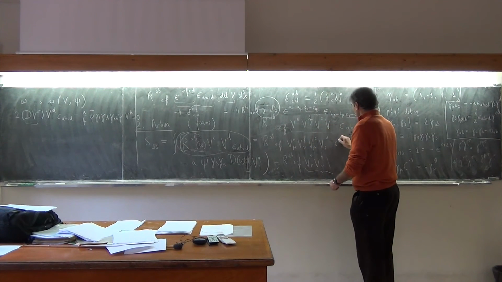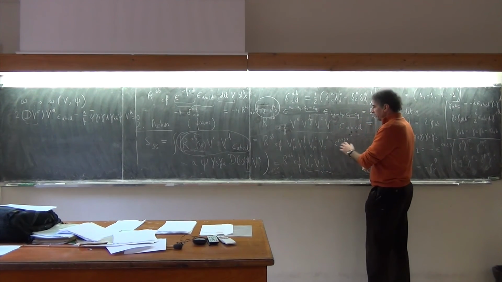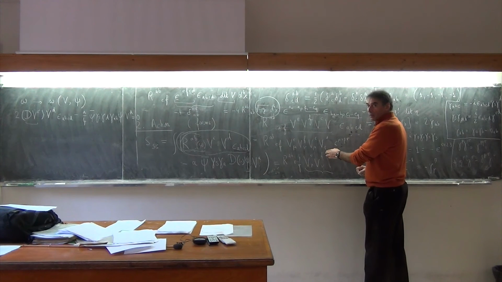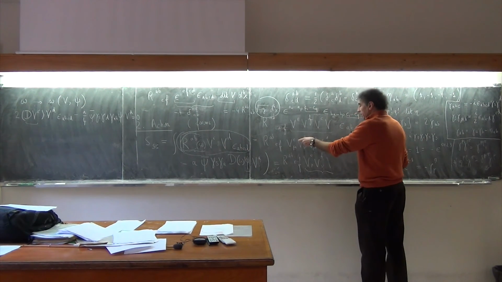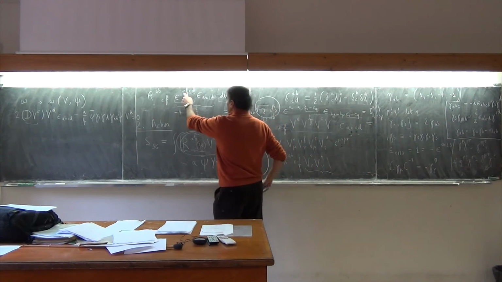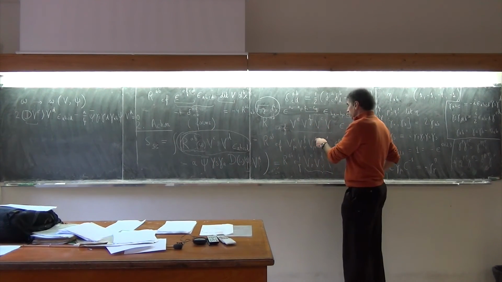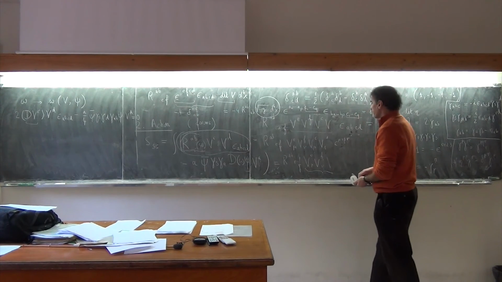But here, yes, I had a mu nu rho sigma, but this I contracted with this in order to give the determinant of this matrix. And the determinant must be multiplied by this to take into account the anti-symmetry of this matrix.